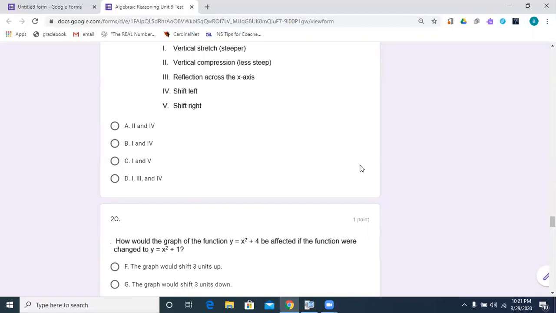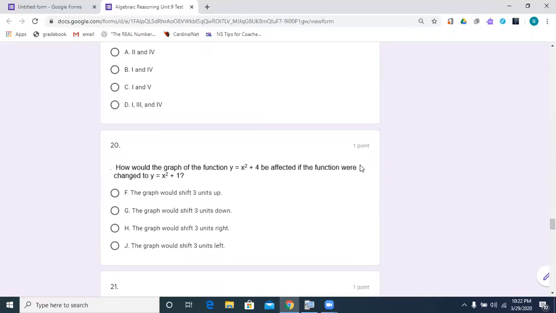A, 2 and 4. B, 1 and 4. C, 1 and 5. D, 1, 3, and 4.